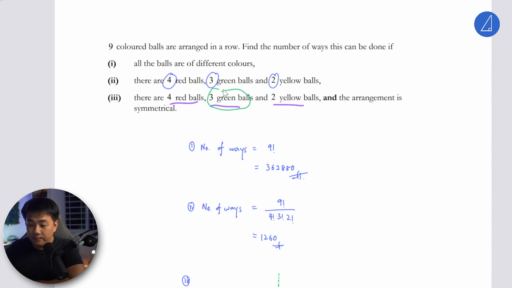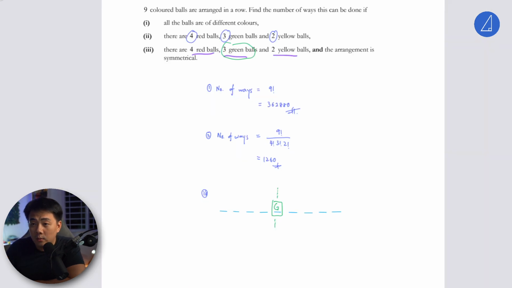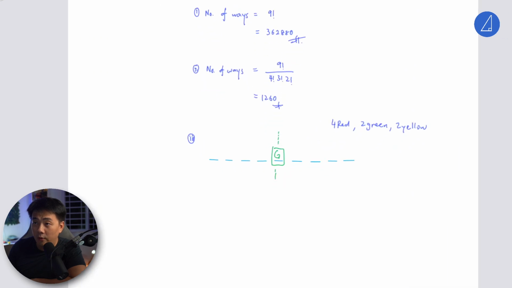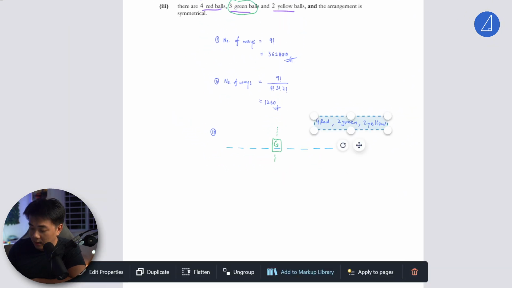After which, what is left is actually to distribute 4 red, and then 2 green, and 2 yellow.